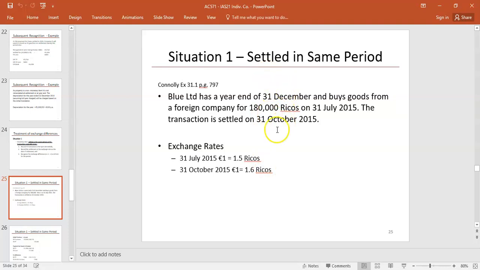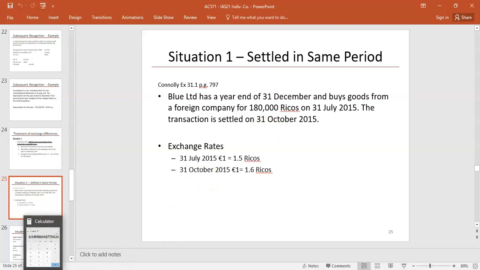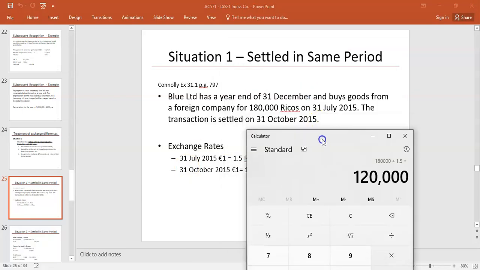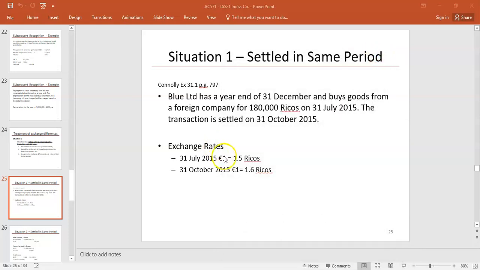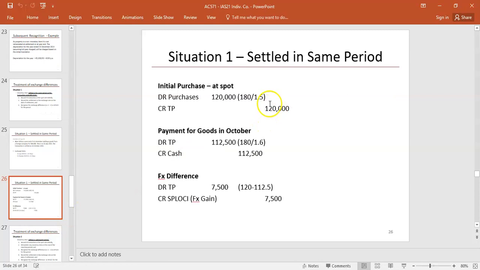So the initial recognition here is going to be 180,000 divided by 1.5, so you're going to recognize purchases of 120,000 euros. So it's going to be debit purchases and credit trade payables, because of course you bought it on credit, because you didn't settle it till another couple of months. So that's your initial recognition, based on 120,000.